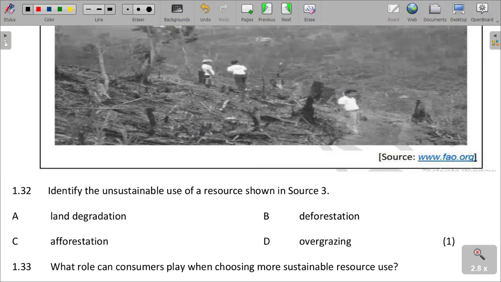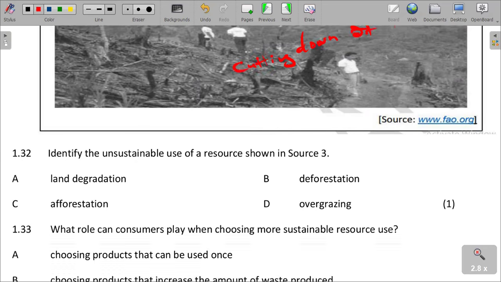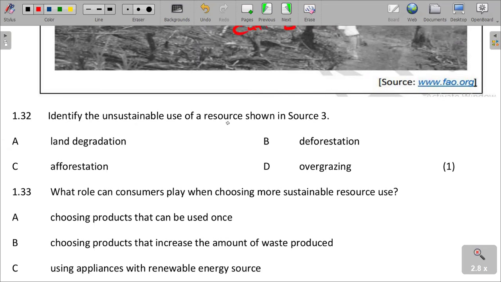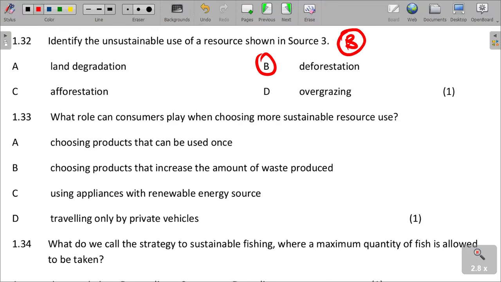You are seeing that massive trees are cut down. Trees are cut down here. So unsustainable use of resources shown here is actually deforestation, which represents the cutting down of trees there.